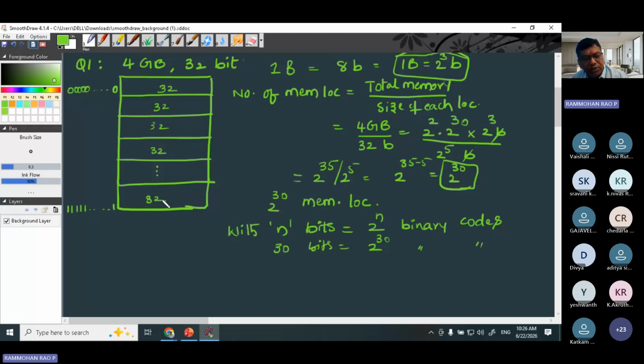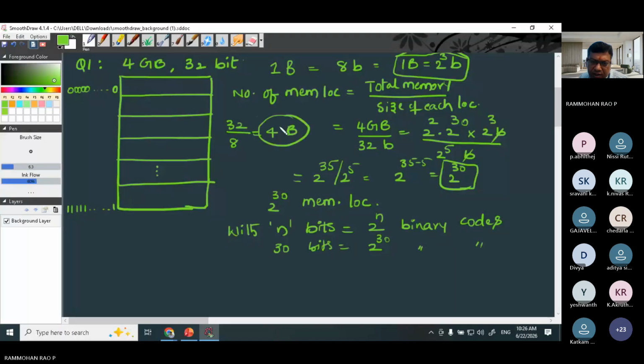Now, 32-bit means how many bytes? 8 bits together is 1 byte. So 32 bits divided by 8 gives 4 bytes. So in each row here I'll get 4 bytes.